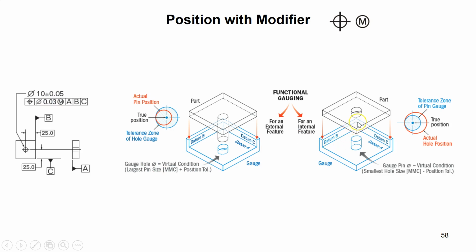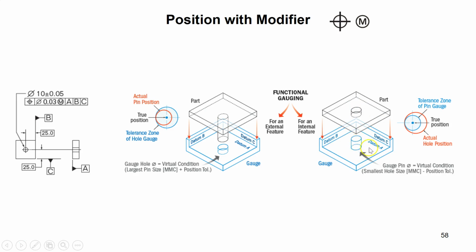On the other hand, if I want to basically inspect a hole, not a shaft, on the part, I want to inspect this hole. This time my inspection table has the shaft.